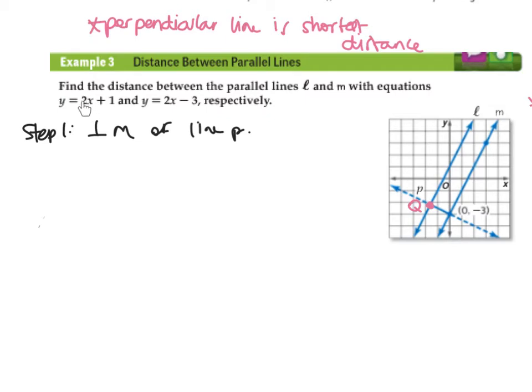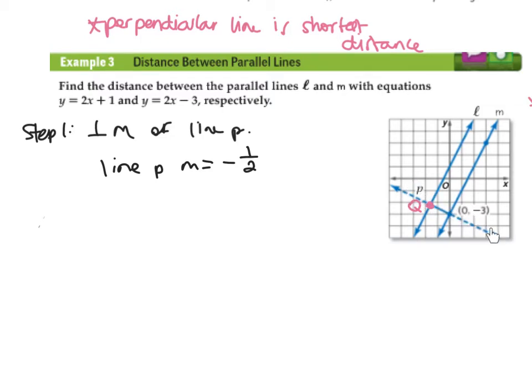Remember, perpendicular slopes are opposite reciprocals. So this means that for line P, our slope is going to be the opposite reciprocal of 2, which is -1/2. Okay, that is our step 1. We now know the slope of line P.